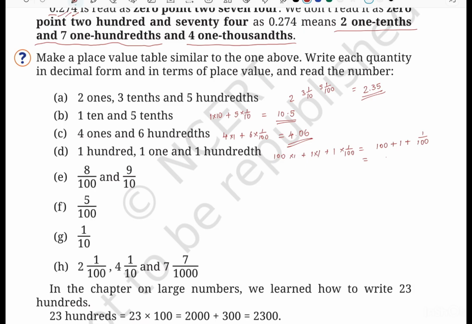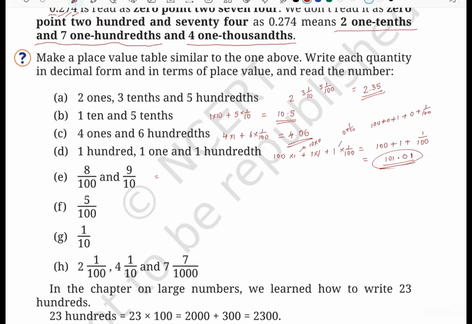So it can be written as 101 point. Tenths are not there, so we put 0 and the hundredths place is 1. So we got 101.01.